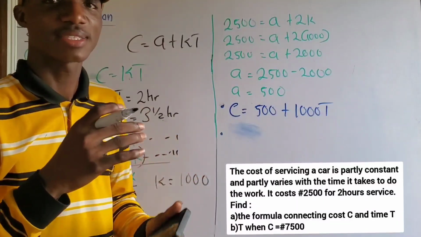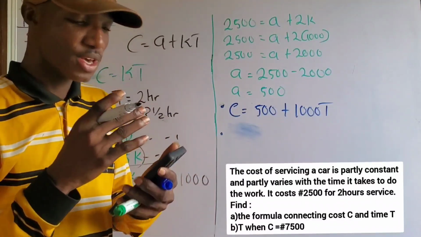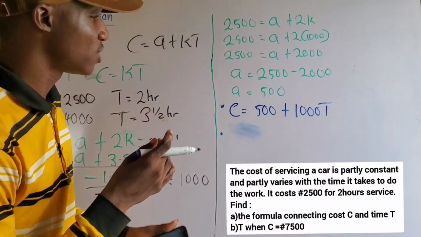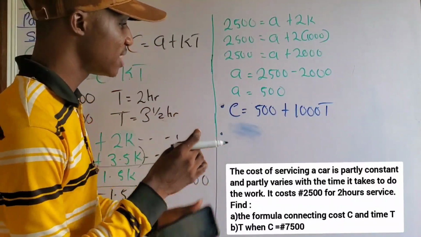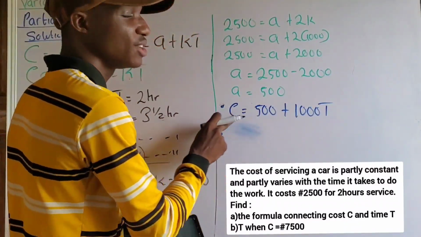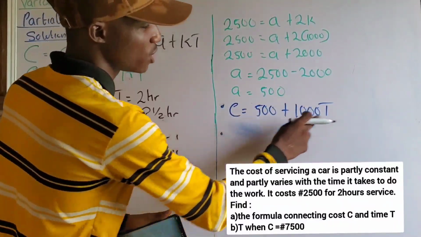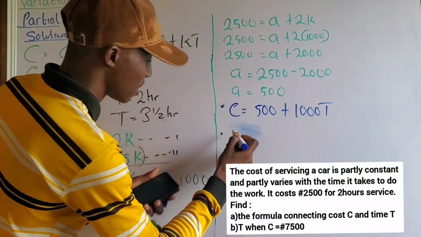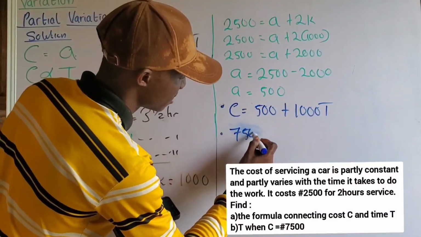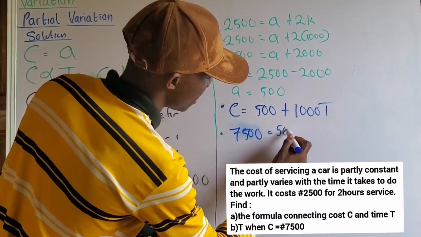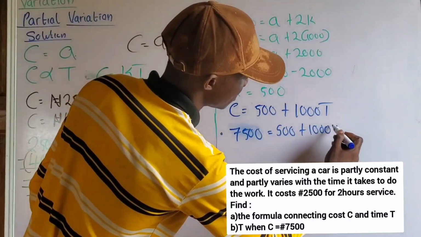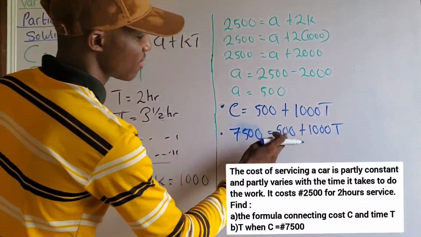Yes, to get the value of T when C is 7500, all you have to do is substitute the value of C as 7500 in this relationship. You understand? So we solve for the value of T. So when C is 7500, I'm going to have 7500 equals 500 plus 1000 T, right? Yes. Okay. Take this 500 to the other side.